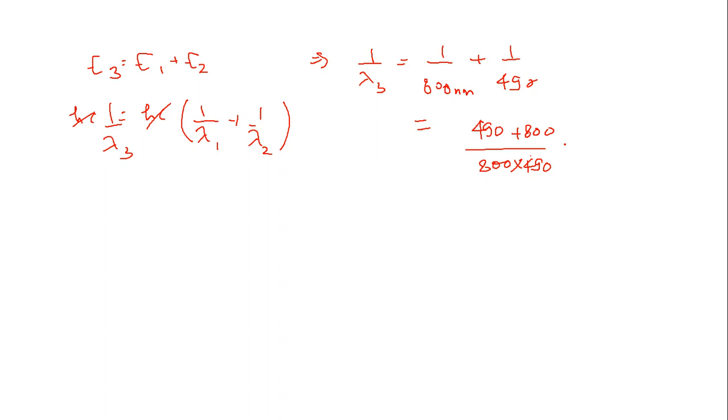So it will be 490 plus 800, yeah, so it will come to be 1290 whole upon 392,000 is equal to 1 upon lambda 3, and therefore lambda 3 will be equal to 392,000 whole upon 1290.